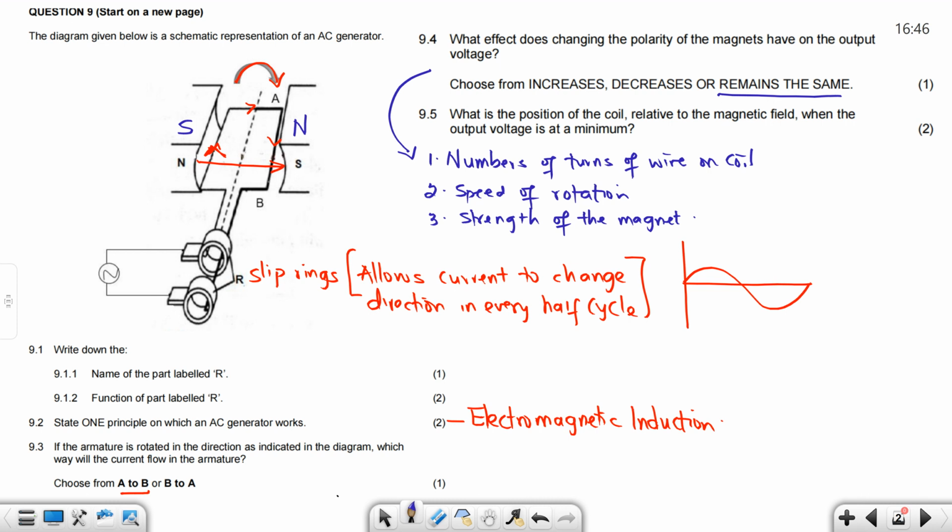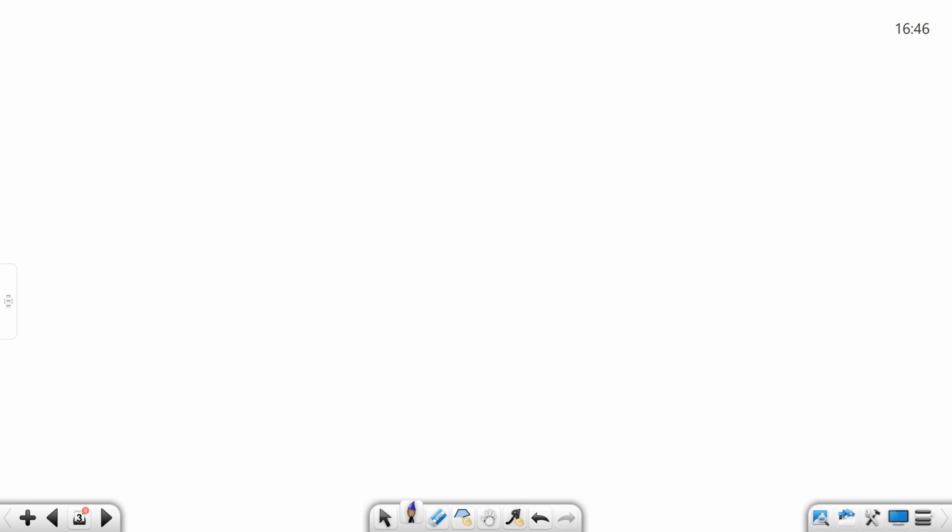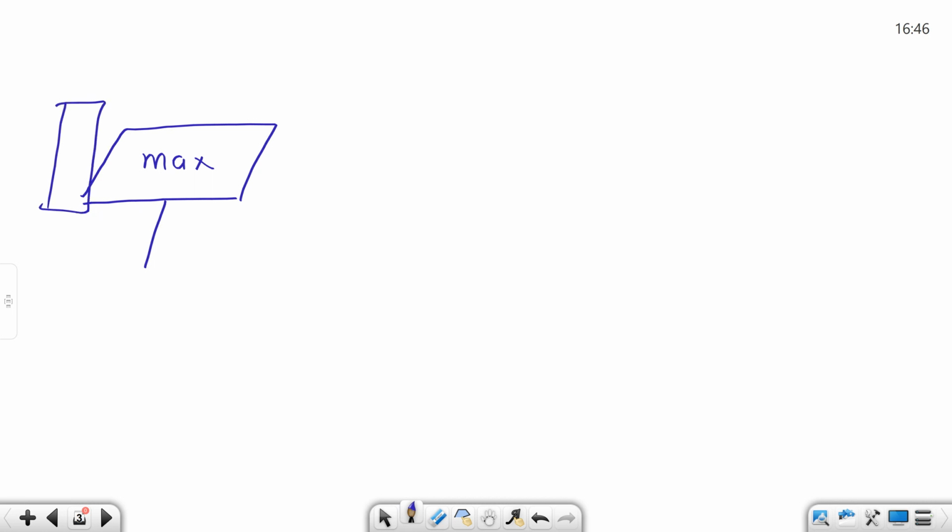All right, let me explain this quickly. At this stage, when your coil is like this, we are going to have maximum current. That is the North Pole and that is the South Pole. Why? I'll explain why now.